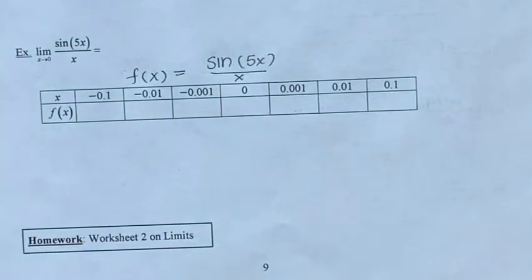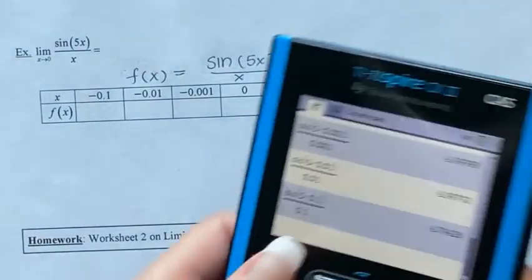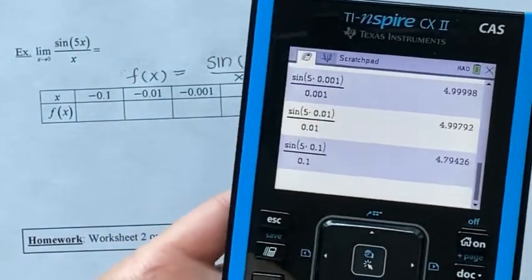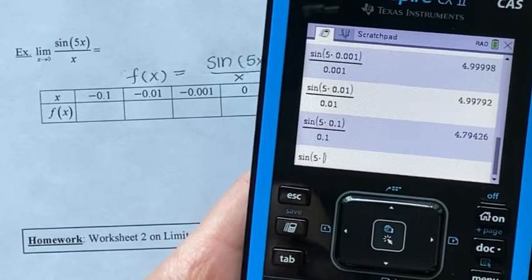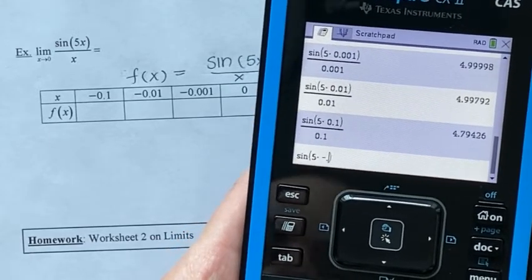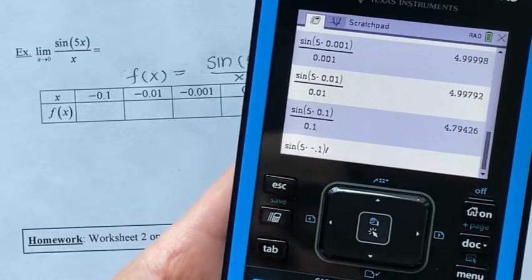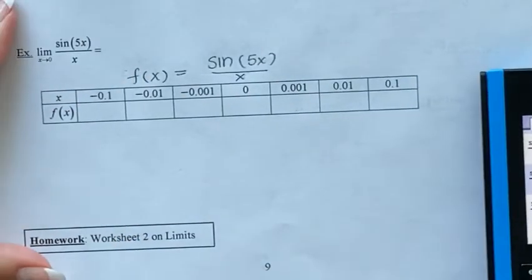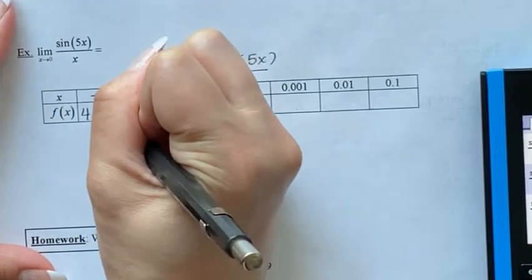Okay, so again, I need my calculator. You have sine of 5 times negative 0.1, and everything divided by negative 0.1, and that will give you positive 4.794.